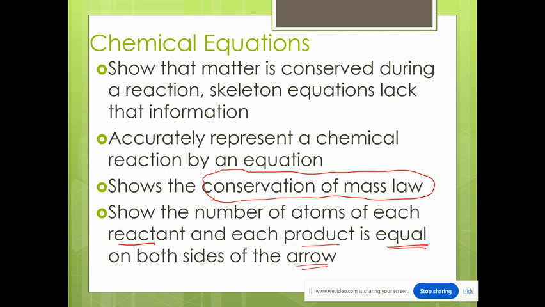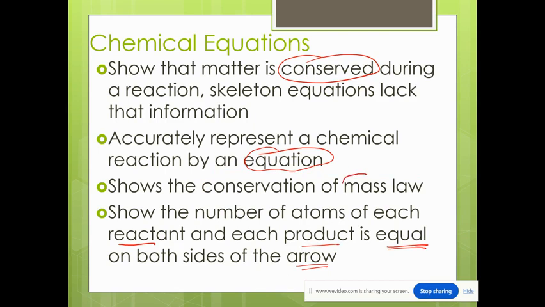So we're making sure that matter is conserved during a reaction. We're showing that with an equation, and we're doing that in order to follow the conservation of mass law, making sure that we have our reactants and our products equal to one another.